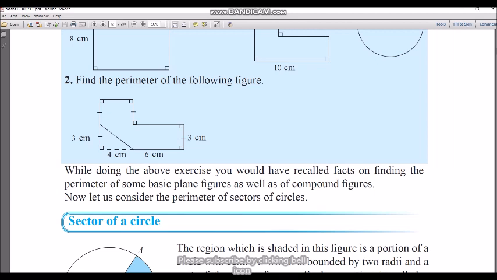So this is 3 and this is 3. So from that we can easily calculate 5 plus 6, 11 plus 3, 14, and then 10, 24 and 3, 27. So the whole perimeter is 27 centimeters. So it is a very easy part.